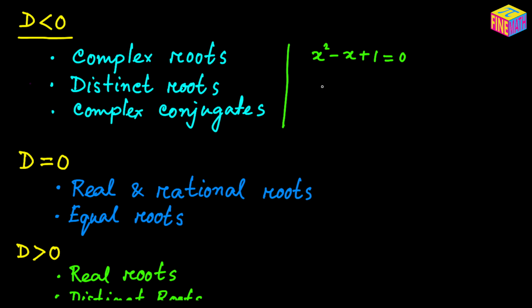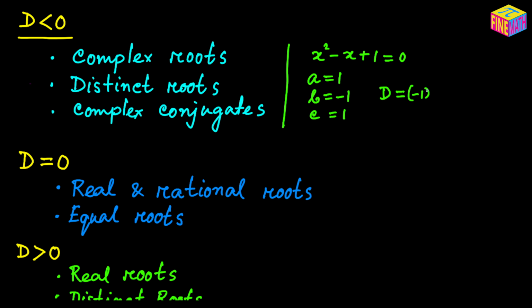In this case, as you can see, a is 1, because if there is no coefficient in the leading term, that means the coefficient of the leading term is 1. No coefficient means the coefficient is 1, and then b is equal to negative 1 and c is equal to 1. So D will be equal to b squared minus 4ac.